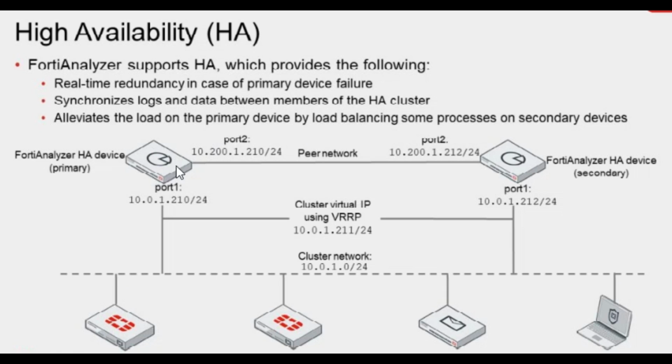That means if the primary device fails, another device in the cluster is selected as the primary device, and logs and data are synchronized securely among the multiple FortiAnalyzer devices. That means system and configuration settings applicable to HA are also synchronized. And the FortiAnalyzer HA cluster can have a maximum of 4 devices.